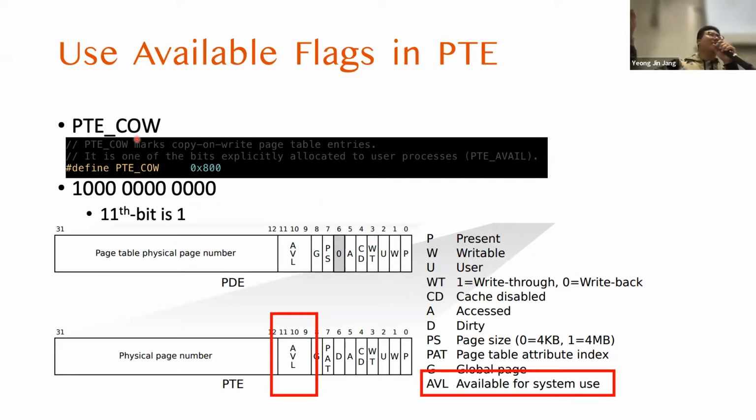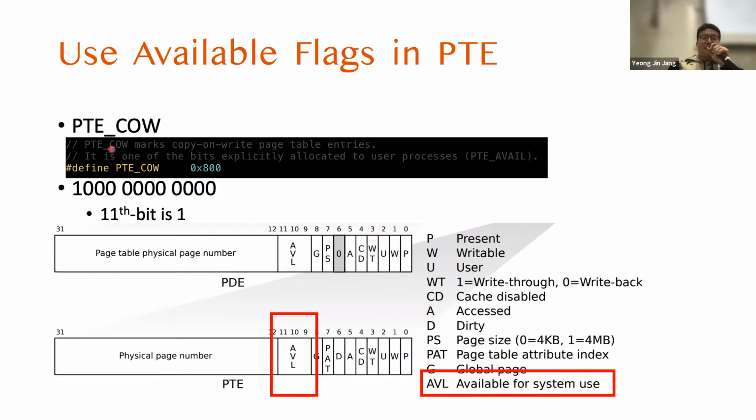This is defined by the OS, Linux or all the other operating systems, because in the page directory entry and page table entry, there are bit flags available for system use. These are reserved space. The CPU will never use them, but we can actually store data to mark some of the status.